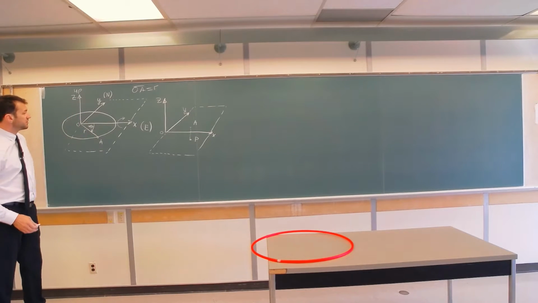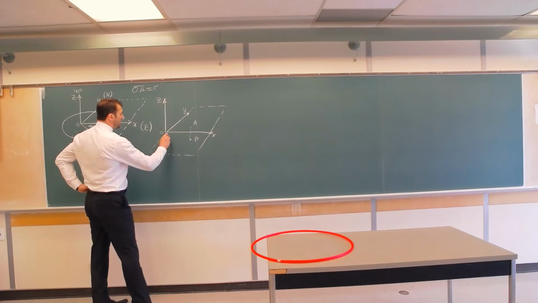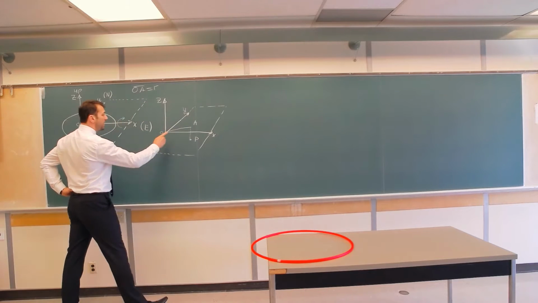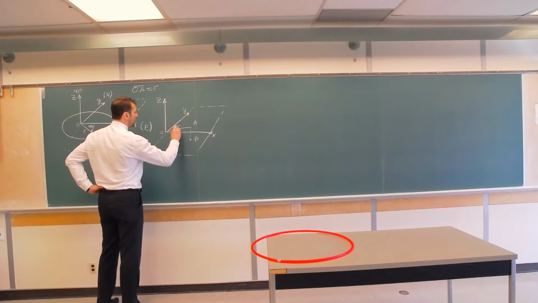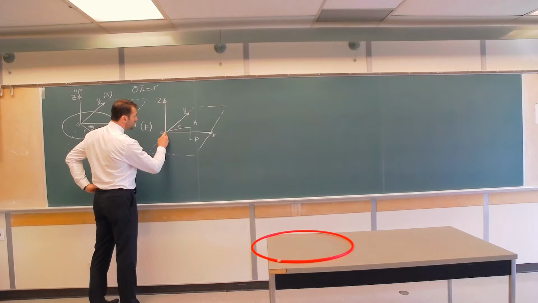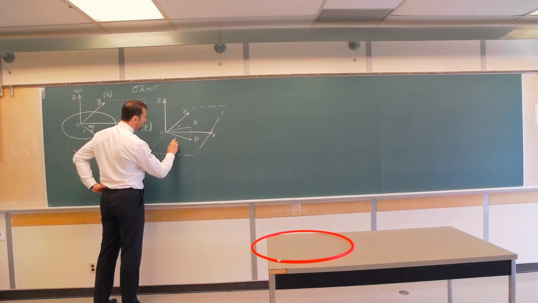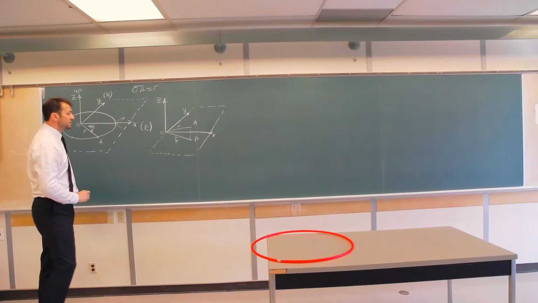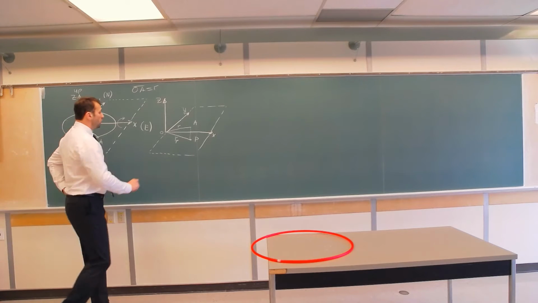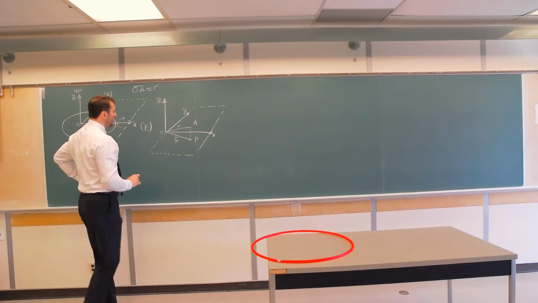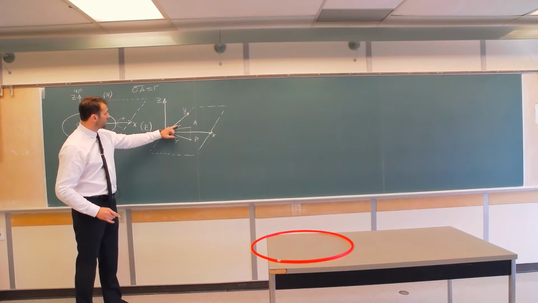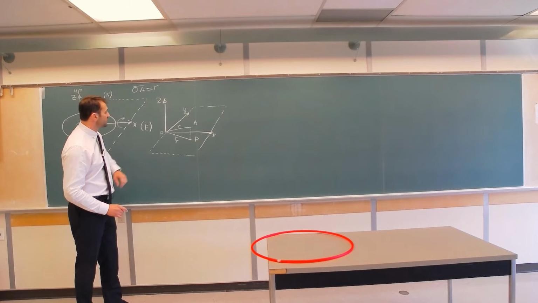Now we combine these two figures. OA is radius vector r, and this OP I will call projection of this radius vector. So this is projection of radius vector r on the xy plane.